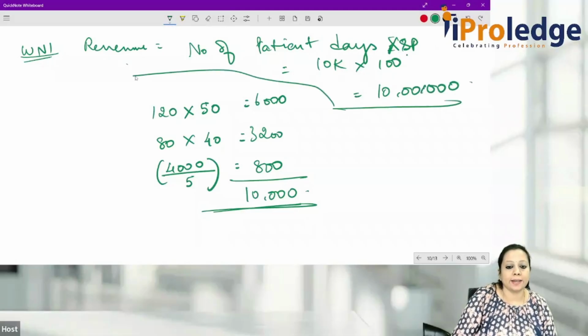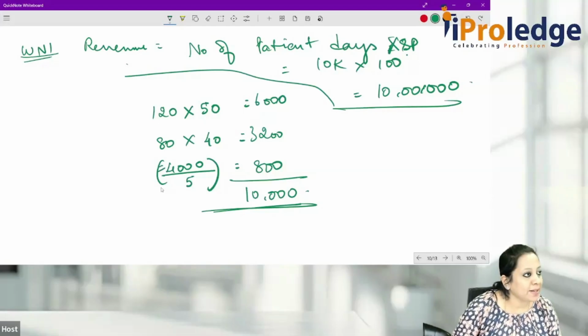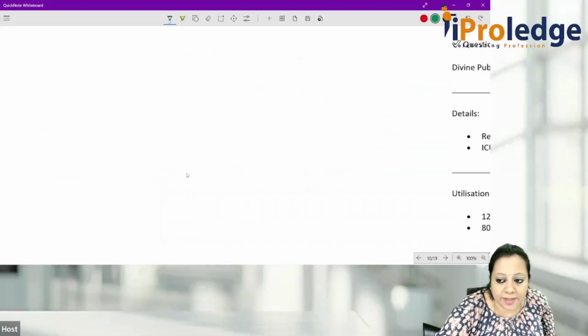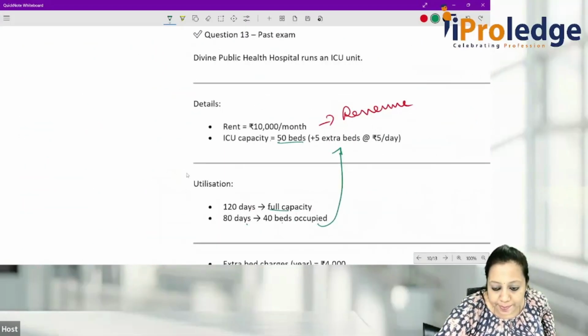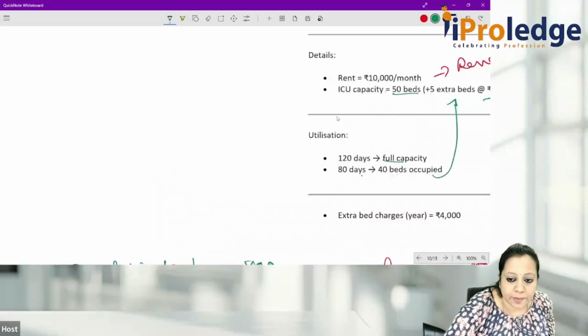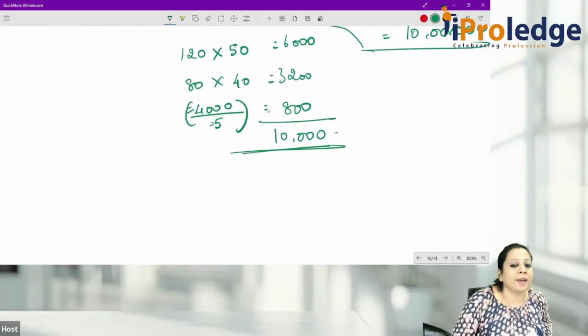Now we will take it directly. 4,000 is given to be the extra bed charges, and you can see, I will show it here, rupees 5 they have given. Rupees 5 per day, correct? I want to calculate the number of bed days, so it is divided by rupees 5.